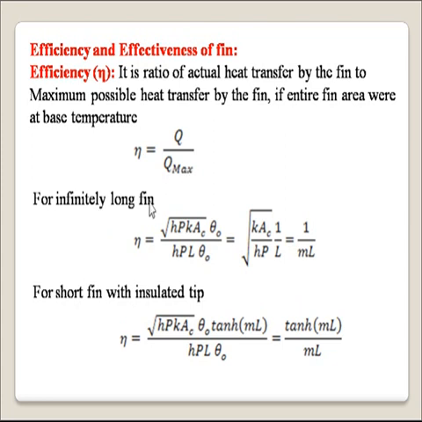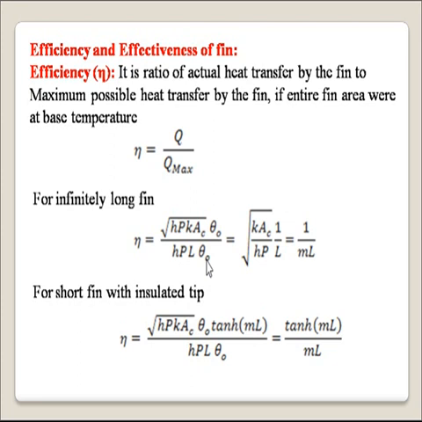For an infinitely long fin, actual heat transfer is given by root of hPkAc theta naught, and maximum heat transfer from the fin is possible when the complete area is maintained at base temperature. So perimeter of the fin into length gives the complete surface area of the fin, into h into theta naught gives the maximum possible heat transfer.